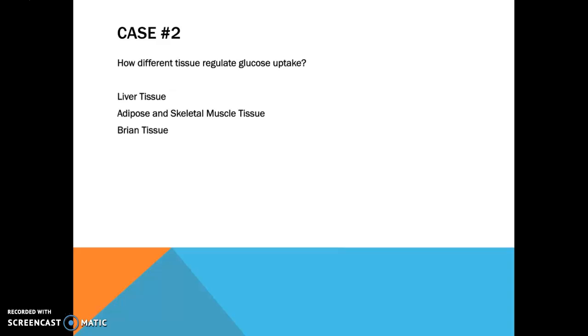So case 2 is a little different, and it talks about how different tissues regulate the uptake of glucose, and it asks us to show how each one does that. The liver uses GLUT2 as a transporter to uptake or release glucose rapidly into the body.